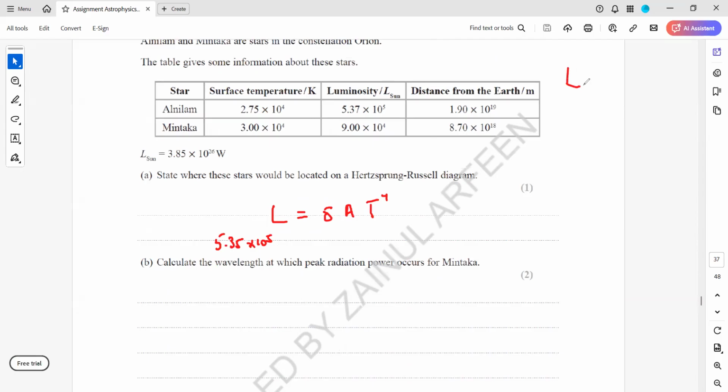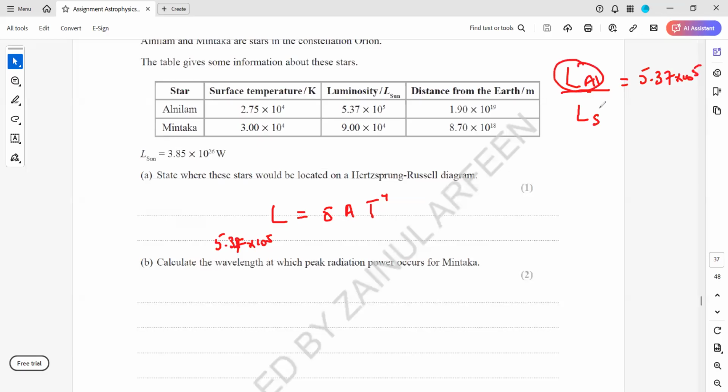Like, say, luminosity of Alnilam, we are representing AL divided by luminosity of the sun. That answer is 5.37 exponent 5.